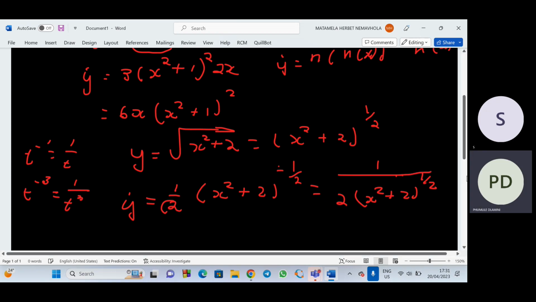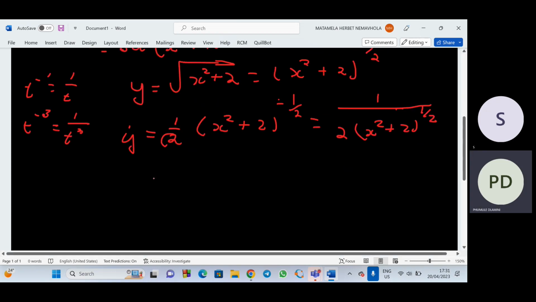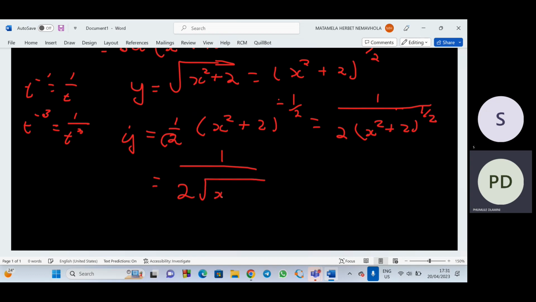This can also be written with a square root, because the power 1 over 2 is a square root: 1 over 2 square root of x squared plus 2.